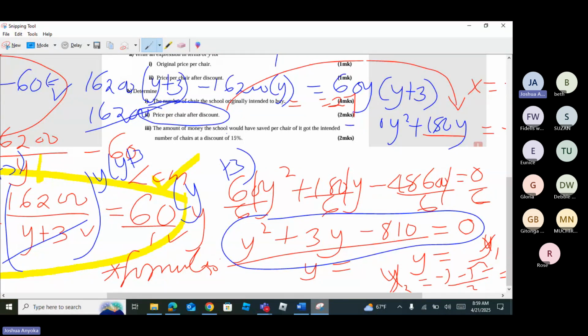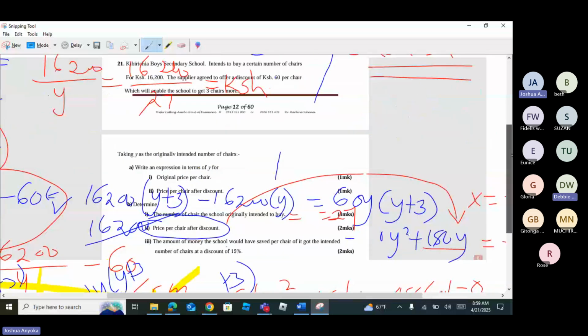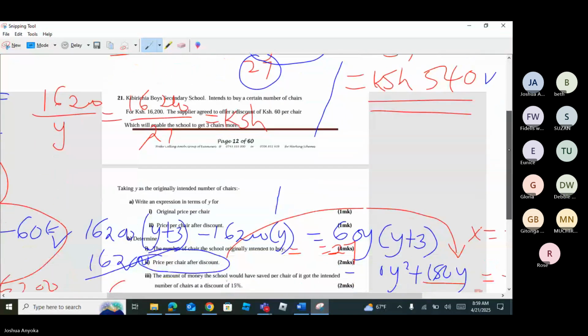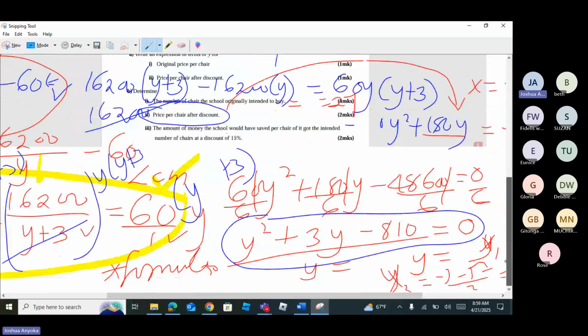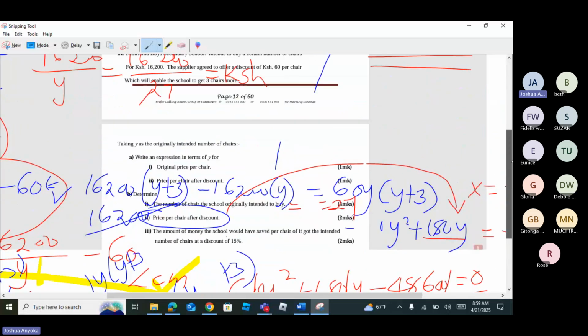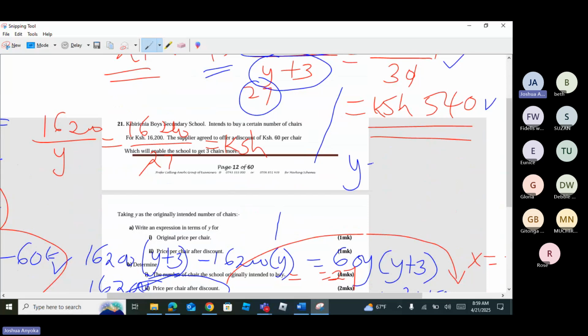Because we must be having something after solving. Debbie, I think we solved somewhere. Did you use the quadratic formula? And you have y as negative 27 or y as 30.